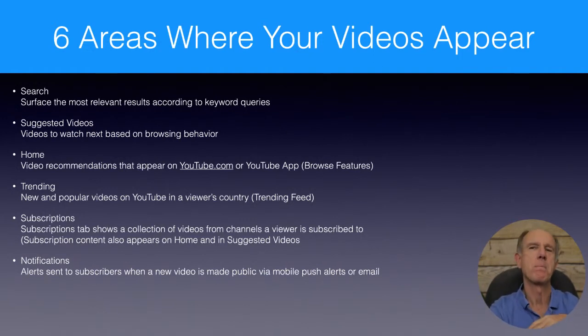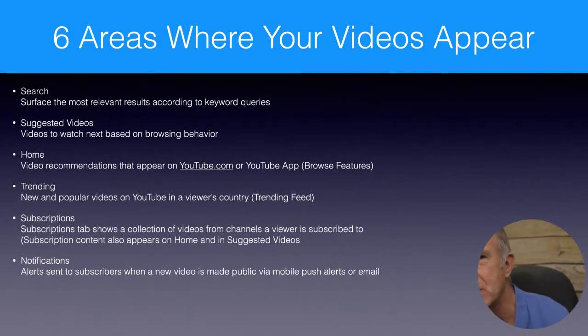So they don't always appear even though you have notifications turned on for the videos you subscribe to. There's just too many videos for YouTube to track. So they'll only show some of the videos that you subscribe to on your home screen.